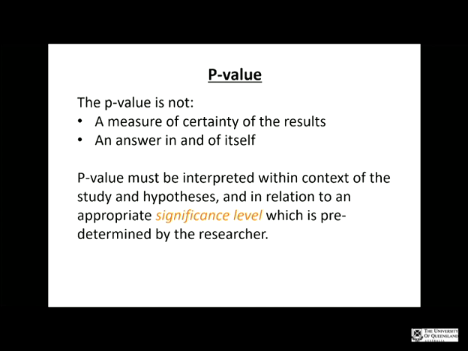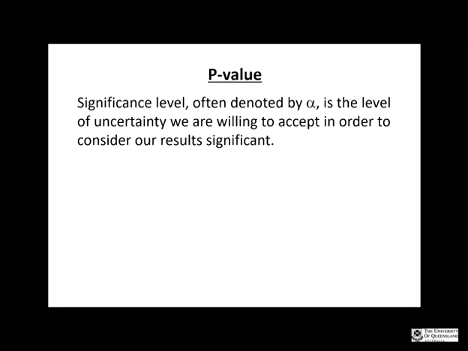Okay, so 1%. In this course, we're usually working at 5%. In some types of social research, we might work at the 10% significance level. So you will see in some reports the alpha sign.